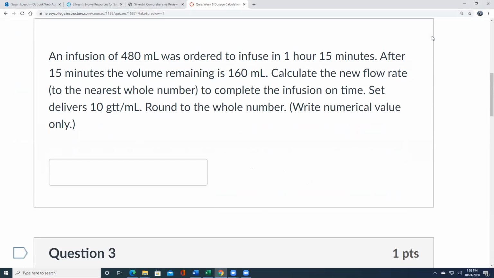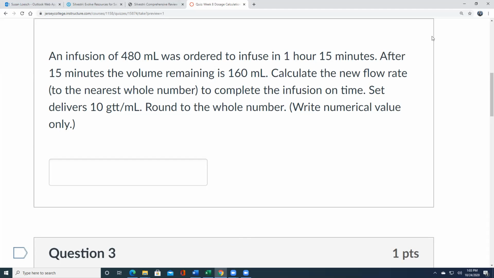All right, so you have an infusion of, well, first let's look at what the question's asking. Calculate the new flow rate to complete the infusion on time. So it's looking for drops per minute, because it's asking about the flow rate, and it's giving you a drop factor, volume, and time.